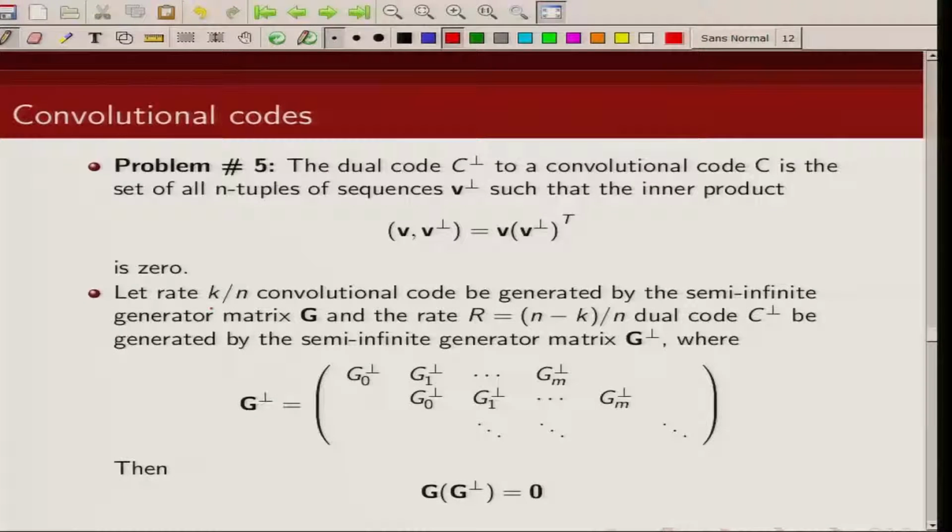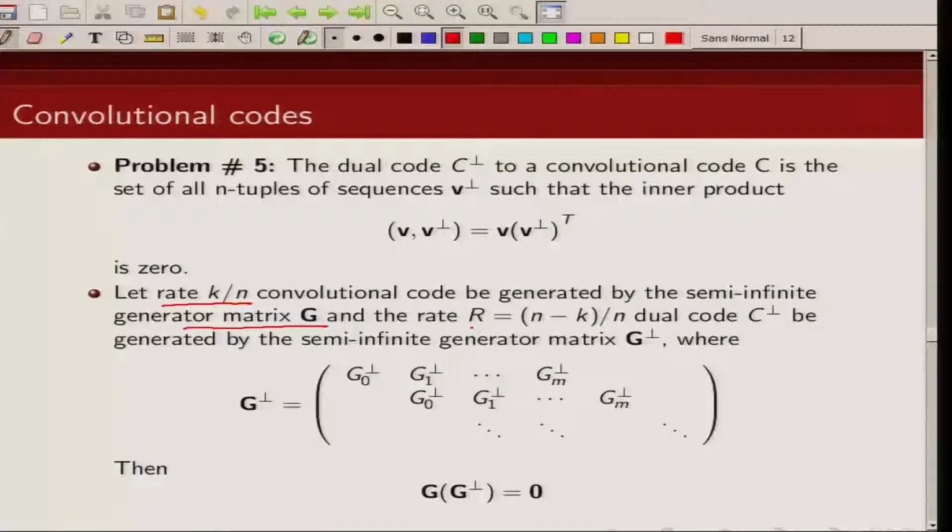So, let us define a rate k by n convolutional code which is generated by a generator matrix G, and you know that we can write the generator matrix of a convolutional code in a semi-infinite fashion.